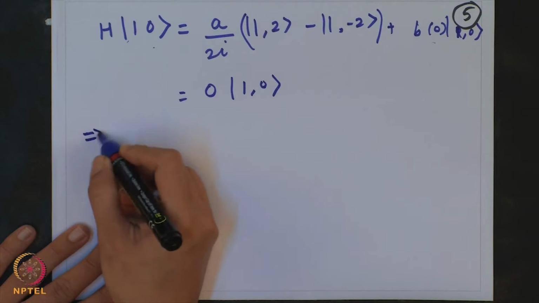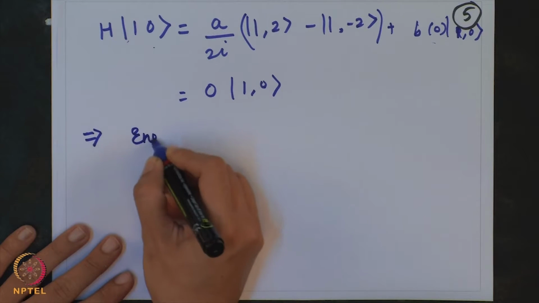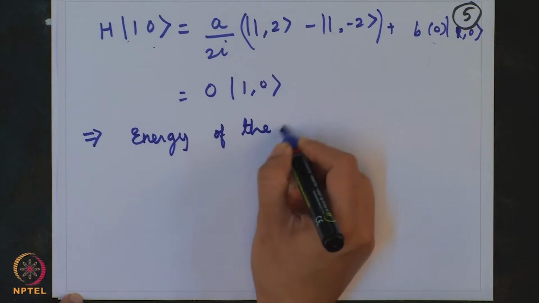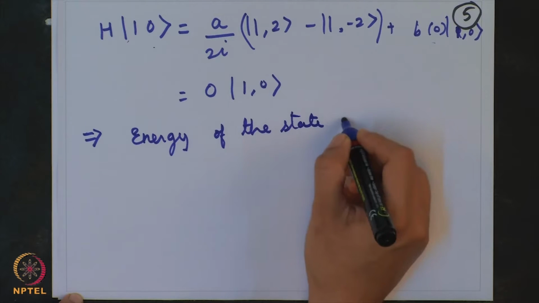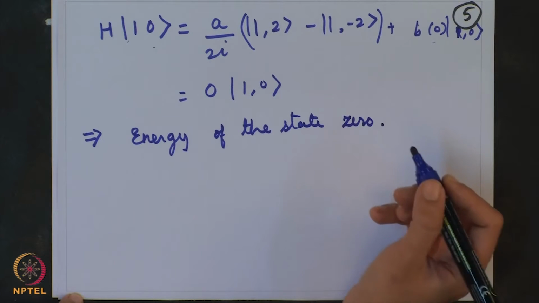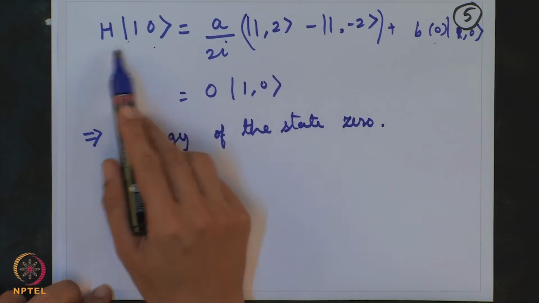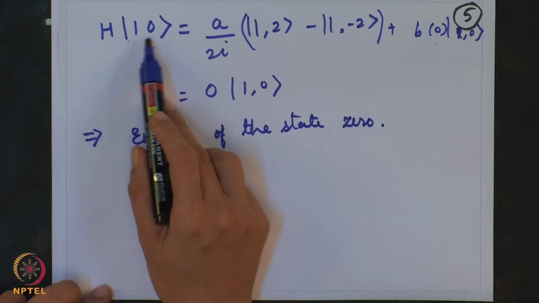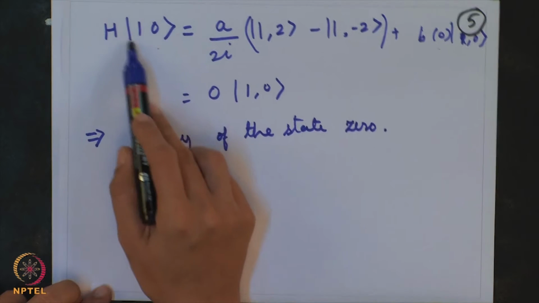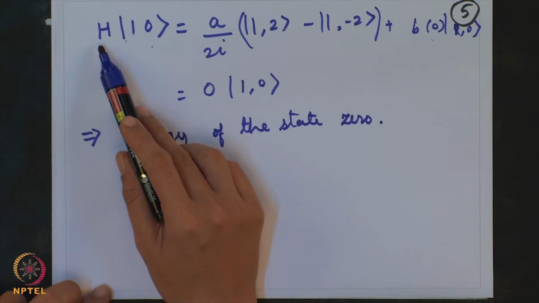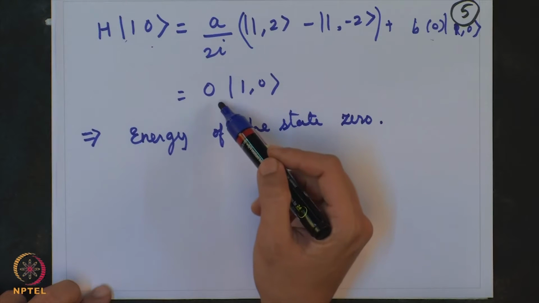So, this implies that the energy of the state is 0 and the eigenvalue is 0 for this. So, H operated on 1 0, this is an eigenvector or eigenket of the Hamiltonian operator with eigenvalue 0.